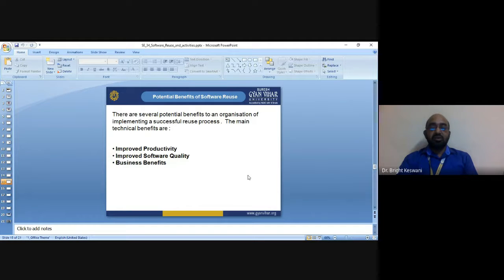So there are mainly three factors, the three technical benefits we had discussed here: it will improve the productivity, improve software quality, and business benefits. The improvement in product quality will lead to better service for the customers and ultimately a better image for the business.